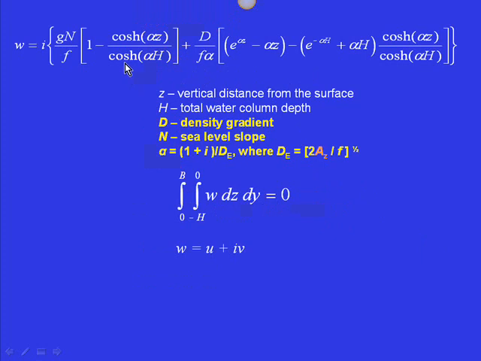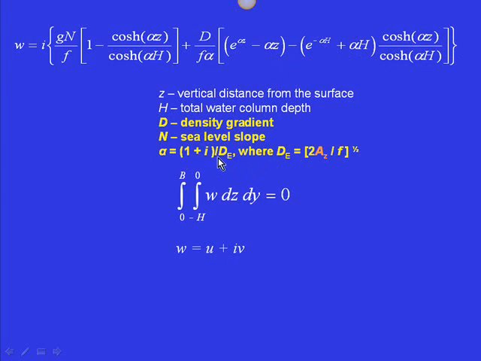It's up here. Notice that it has hyperbolic cosines. But the important part here is that the flow depends on n, which will be the sea level slope, d eta dx, or d eta dy. It's a complex quantity. This is the density gradient. And it also depends on this alpha that appears here, and in the hyperbolic cosines. The alpha is a measurement of how deep the water column is.